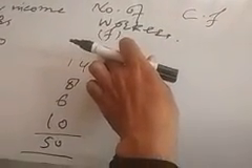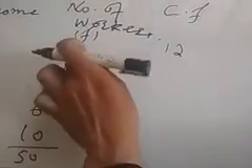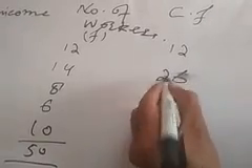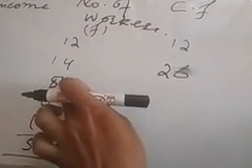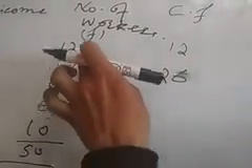Prior to 12 there is no frequency, so the first cumulative frequency is 12. For 14 it is 14 plus 12, that equals 26. And prior to 8 there are 14 and 12, so you add 14 and 12 to 8.